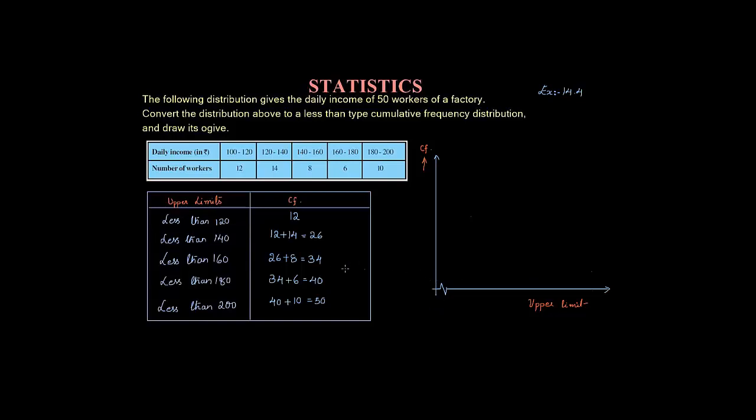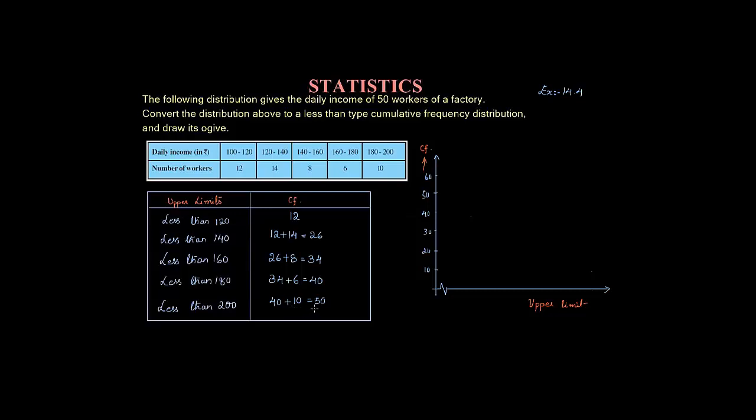On the y-axis, you can observe it is 12, 26, 34, 40, 50, something like that. So let me just take 10, 20, 30, 40, 50, 60.